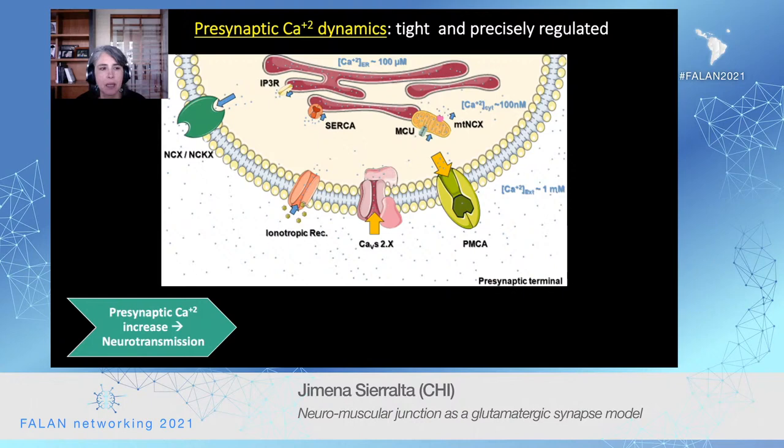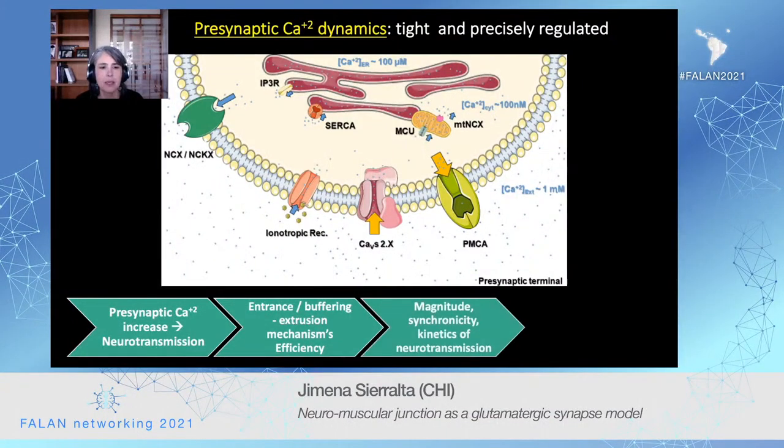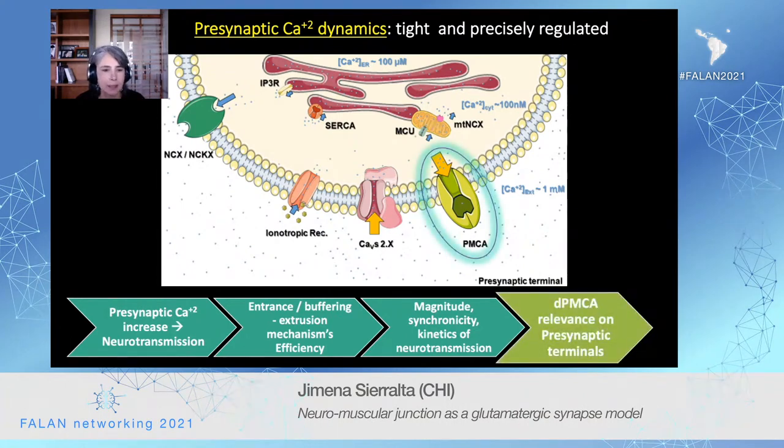Thus, the presynaptic calcium increase due to the action potential, and the extrusion and buffering efficiency, is the key regulator for the magnitude, synchronicity, and kinetics in general of the neurotransmission.